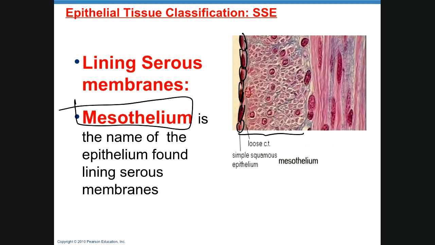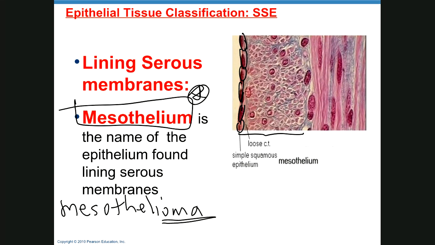Okay. So again, count on these two terms, endothelium and mesothelium, appearing in the test. You definitely have to know them. Incidentally, if you've ever heard of the term mesothelioma, oma will be a tumor.